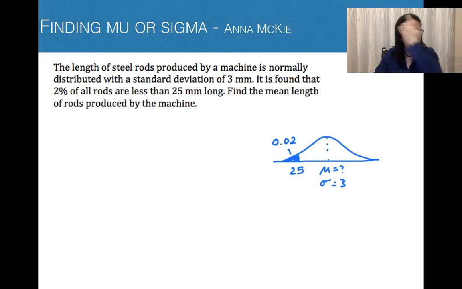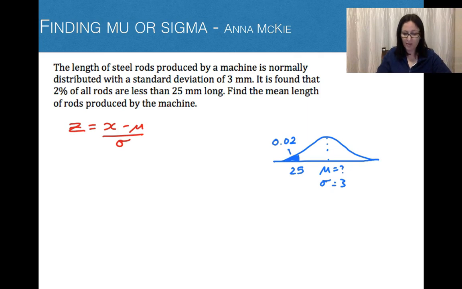So the tip that I gave you is using a Z-score, writing out what that formula is again. Z is equal to X subtract mu over sigma. So let's plug in what information we've got and see if we can do anything with that.